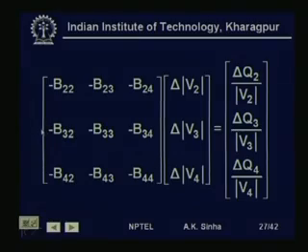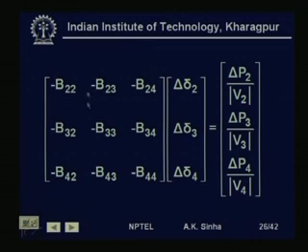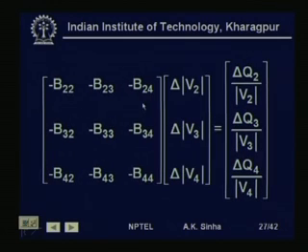Now, if we have any PV bus in the system, then the row and column for that bus will not be there in the matrix for this expression. So, the two matrices: this matrix is generally termed as the B dash matrix, that is, B dash into delta delta is equal to del P by V, and this matrix is called the B double dash matrix.